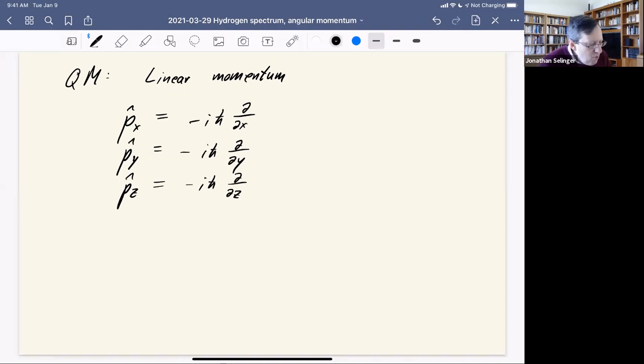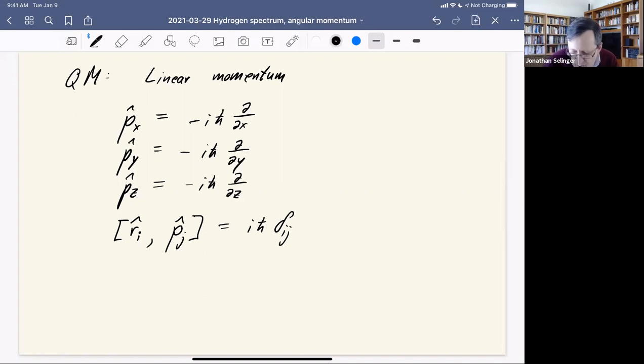And because these are quantum mechanical operators, they have commutation relations. And in particular, there's a commutation relation between the position and the momentum. That if we look at the i component of position and the j component of momentum, the commutator between those things is i h bar delta ij, right?